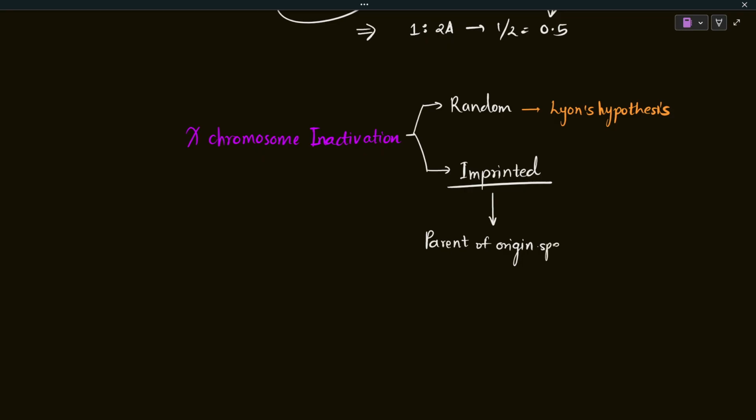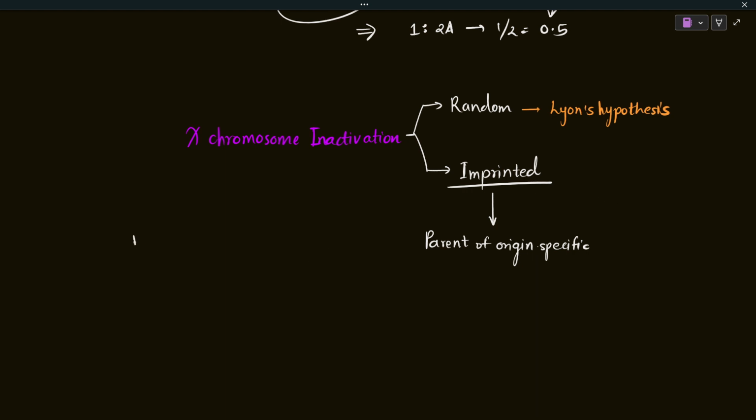So it says that the X chromosome inactivation won't be random, but it will be already decided that either the maternal copy of the X chromosome will be inactivated or the paternal copy of the X chromosome will be inactivated. So that event is not random, but it is parent of origin specific.